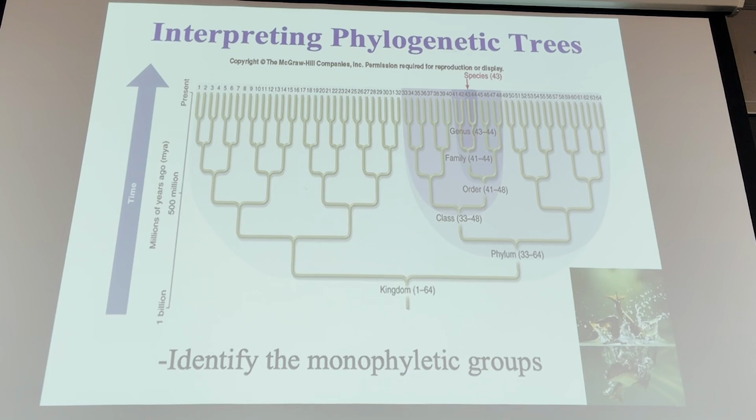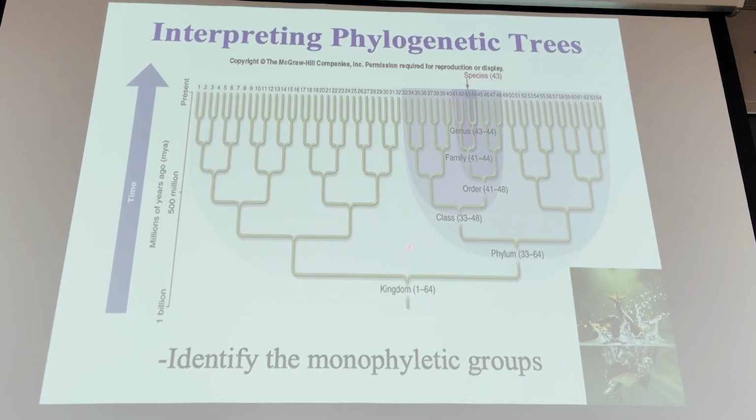So, here's a phylogeny. When it's possible, and we're trying to do it in some cases, but in some groups it's impossible. You've got your kingdom down here, which, notice, has 64 species within that kingdom. This is hypothetical, by the way.